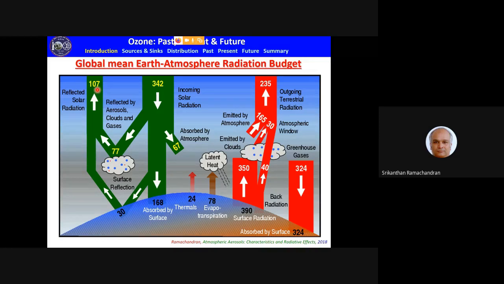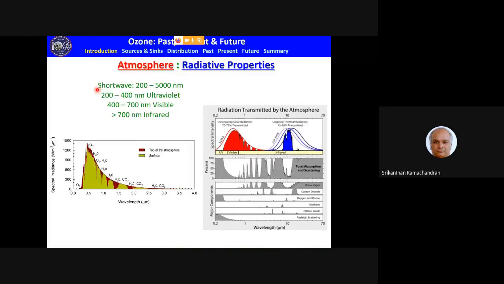The remaining radiation undergoes changes, and its interaction with the Earth's surface and other processes results in long wave radiation, which is sent back to the top of the atmosphere. So the global Earth atmosphere radiation budget is in balance: what is coming in is what is going out.